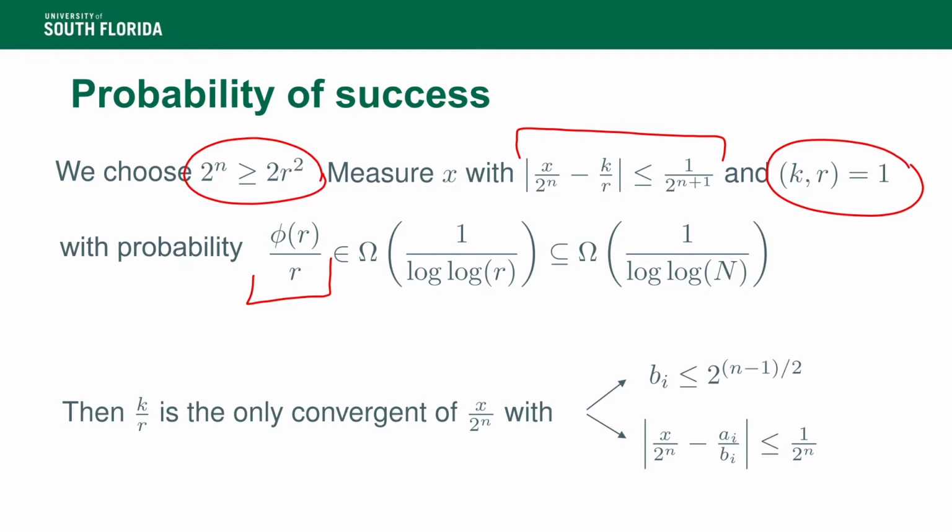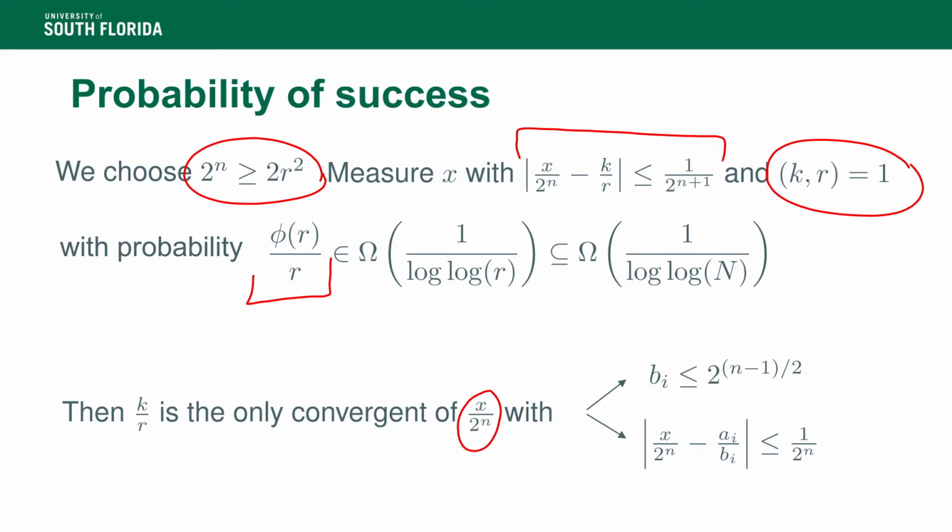Now, how do you get k over r from x over 2 to the n? Remember, x over 2 to the n is close enough to k over r, and we have seen in the previous lecture that k over r must be a convergent of the continued fraction expansion of x over 2 to the n. And in particular, we can even prove that it has those special properties of b_i.